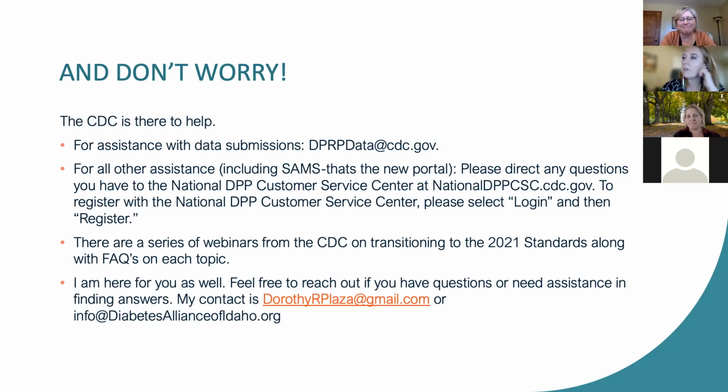Mm-hmm. I'm also wondering, it seems like there's just a few CMS versus CDC requirements. I'm wondering if you could just jot those down, if it's just like 2 or 3, or if it's more than that, if it's possible to get a document, maybe the DAI can post it that defines those pretty easily. Yeah, and you can find them in the CDC standards. When you look at the 2021 standards and you go to eligibility, they clearly say this is CDC and this is CMS.